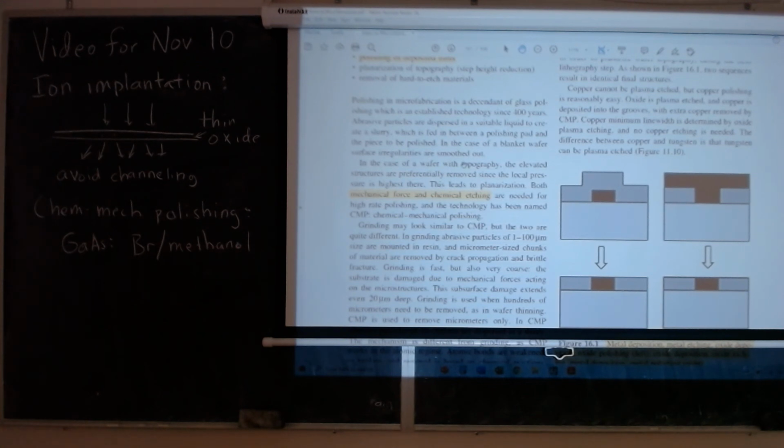You can add chemicals to the slurry such that at the same time you're mechanically removing atoms from the wafer, you also have a chemical reaction taking place that's removing atoms from the wafer.